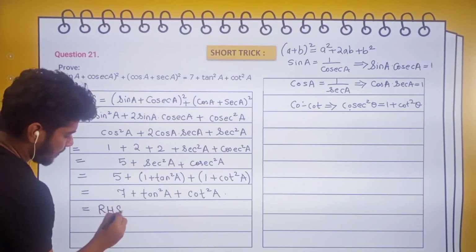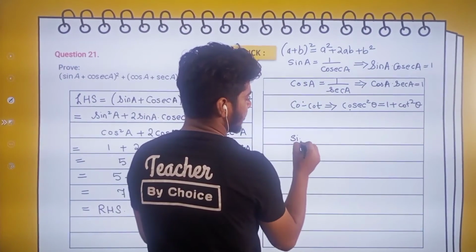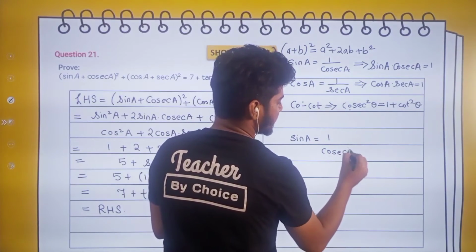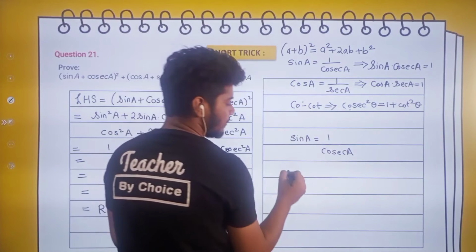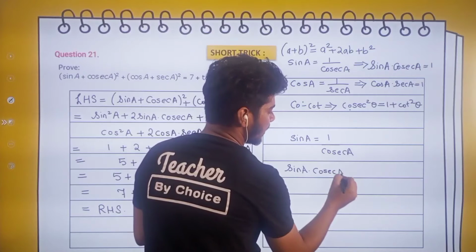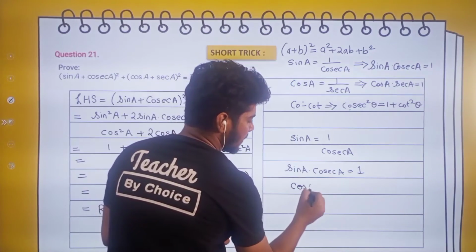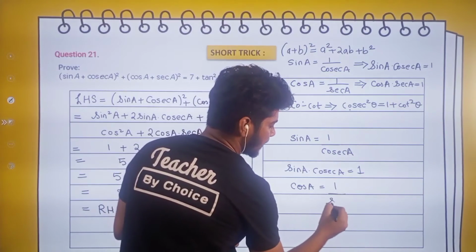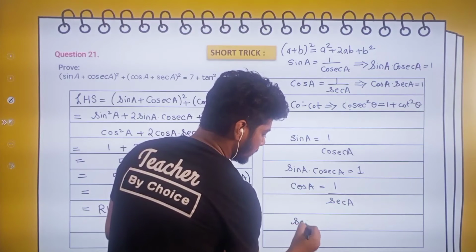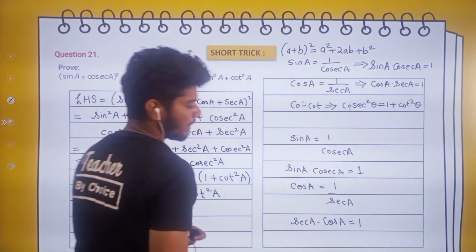See, the very important part in the sum was, what is the reciprocal of sin? Cosec A. Sin A is equal to 1 by cosec A, right? We have simply multiplied them, sin A into cosec A. What will its value be? It will always be 1. Okay, after that cos A will be equal to 1 by sec A. Sec A into cos A will be equal to 1, right?